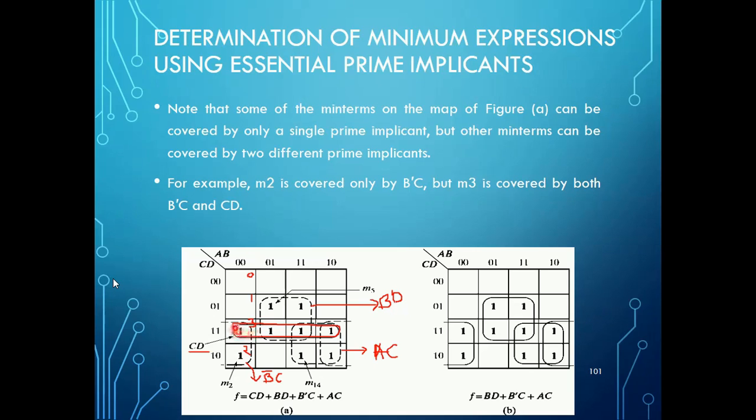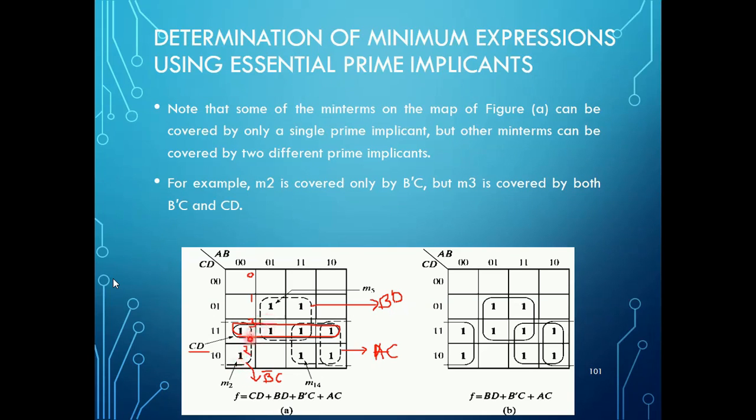So that is the key note you have to look into here. So B bar C is included in only one single prime implicant. If you are looking into M2, that is included only in one single prime implicant, that is B bar C. So that's why we consider it as an essential prime implicant.